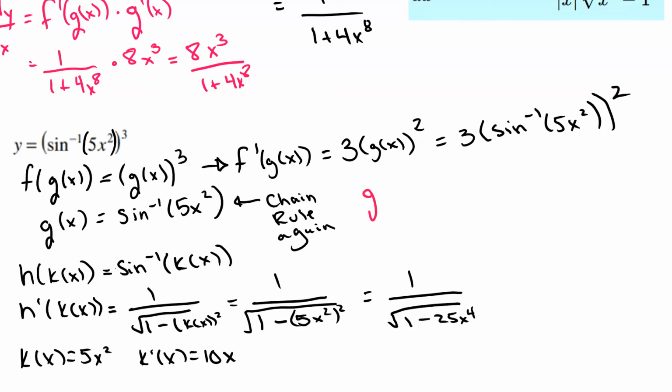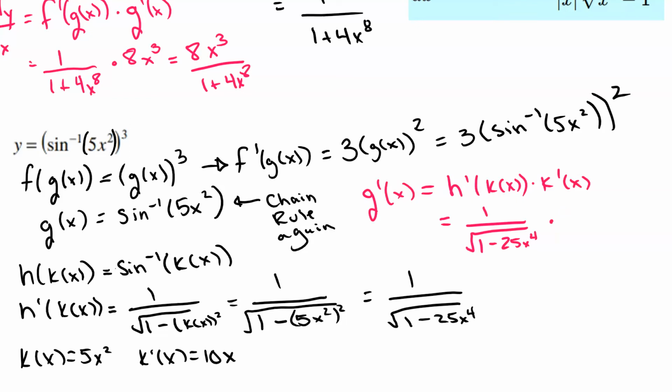That's what we just found using the chain rule again. So the derivative of g we get by doing the chain rule our second time, which is h prime of k of x times k prime. So I've got 1 over the square root of 1 minus 25x to the 4th times 10x.